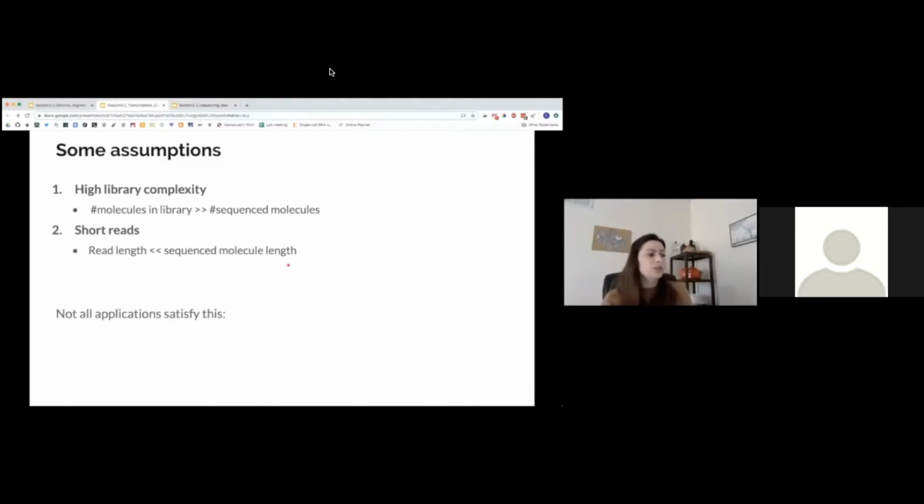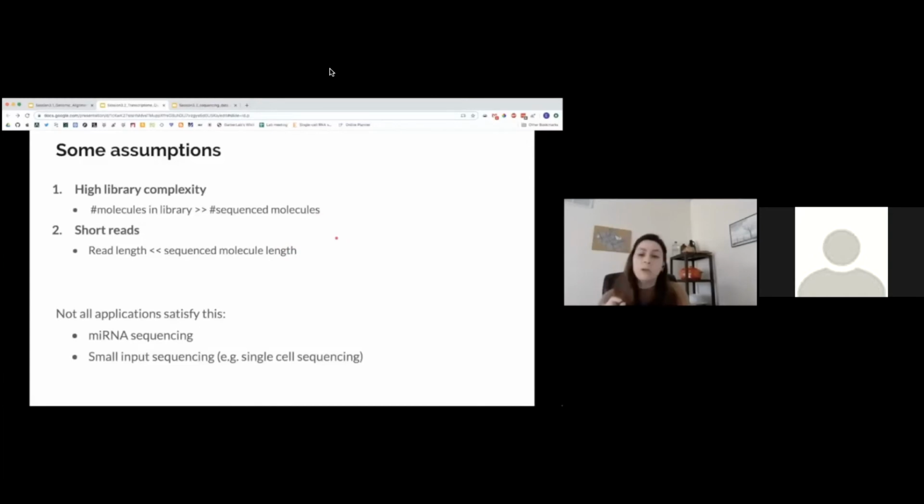So of course, not all applications satisfy this. This is what we're saying for regular RNA-seq libraries, but if you have microRNA sequencing, then you cannot expect that the read length is much smaller than the sequence molecule length because microRNAs are short. So it has to be dealt with differently.